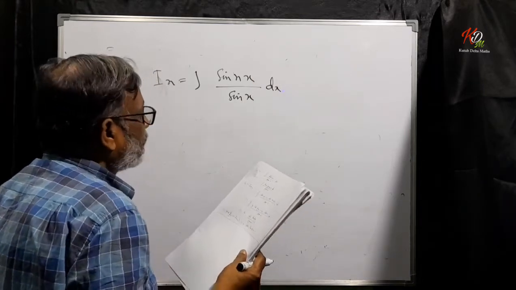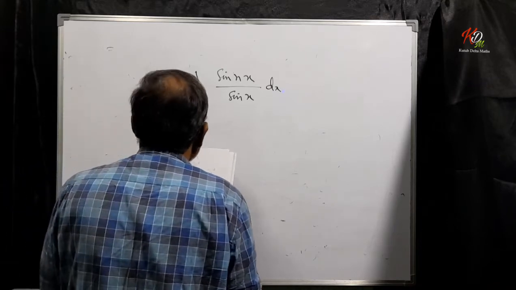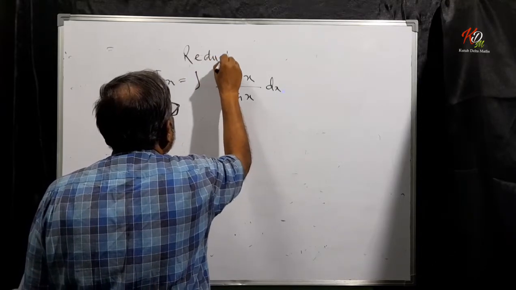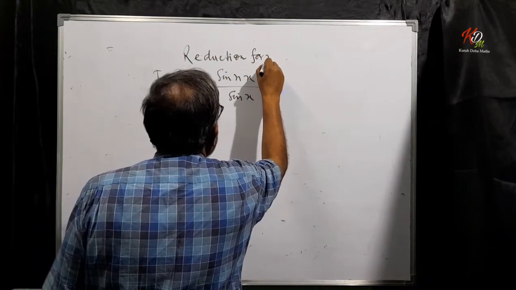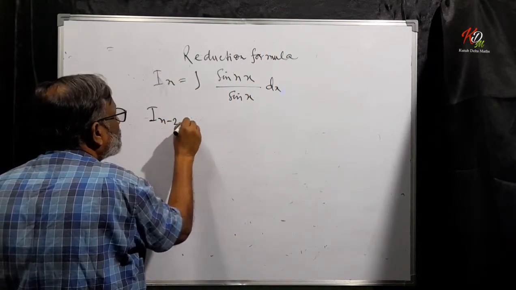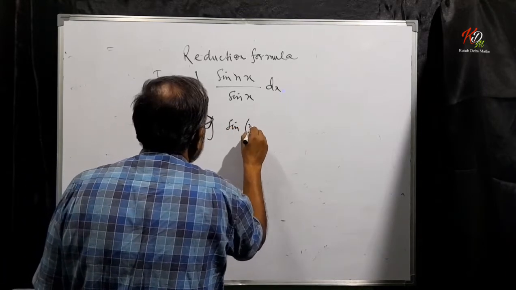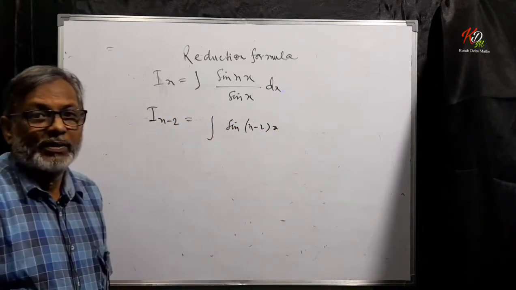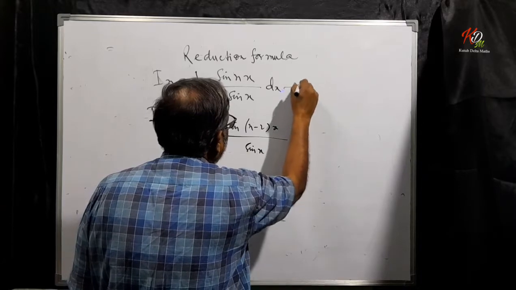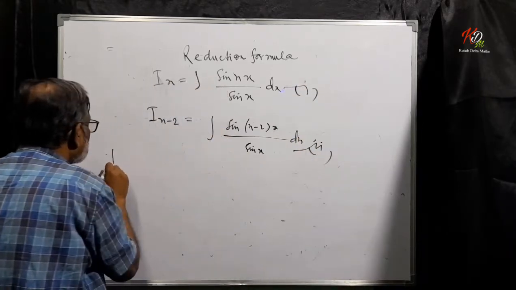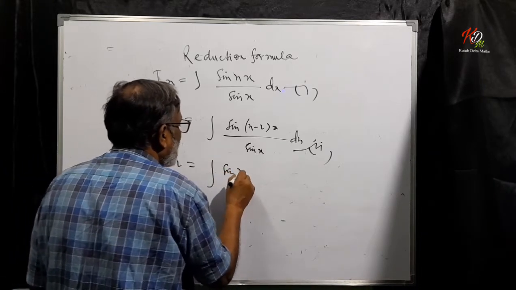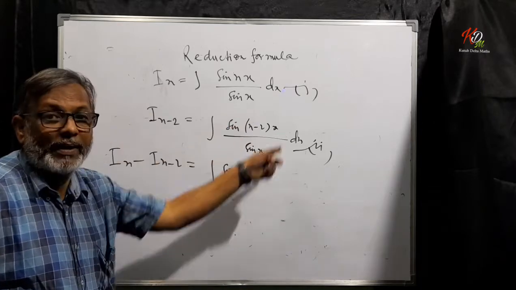What is the reduction formula of this? Reduction formula. Now I n minus 2 equals integral of sin n minus 2 x by sin x dx. Now subtracting 1 and 2, I n minus I n minus 2 equals integral of sin nx minus sin n minus 2x by sin x.